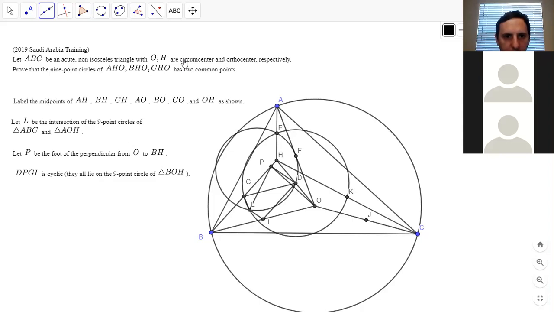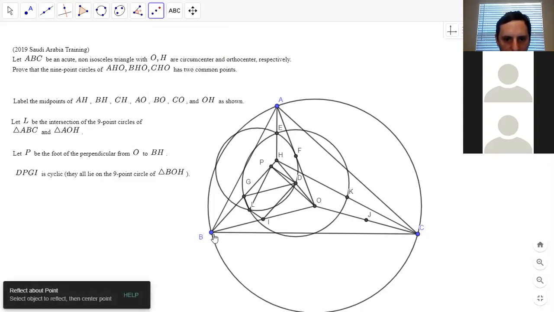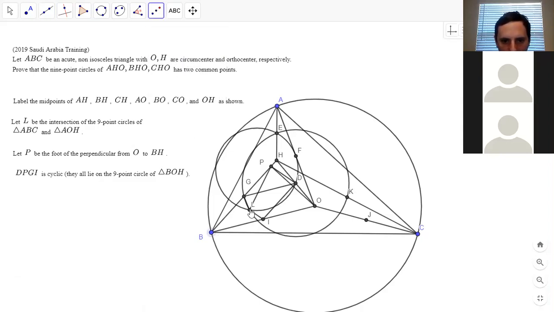What if I reflect B over L? Then that means we want to show OB prime is parallel to BD.